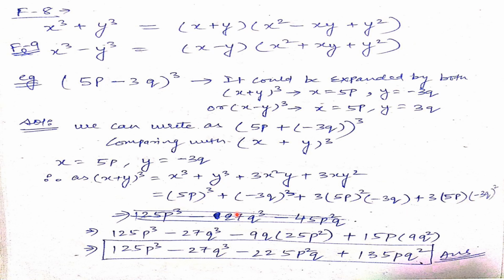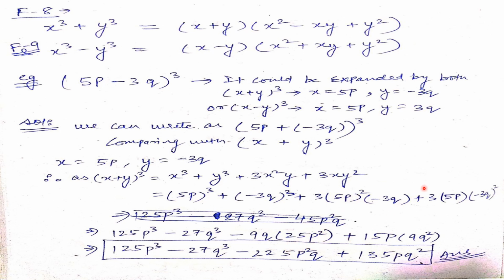After putting, we have to solve it. 5 cube is 125, and p cube is p cube only. The first value is 125p cube. Then we have minus 3 power 3, which is minus 27q cube. Then 3 into negative 3 is minus 9, q into (5p) whole square, so it is 25p square.